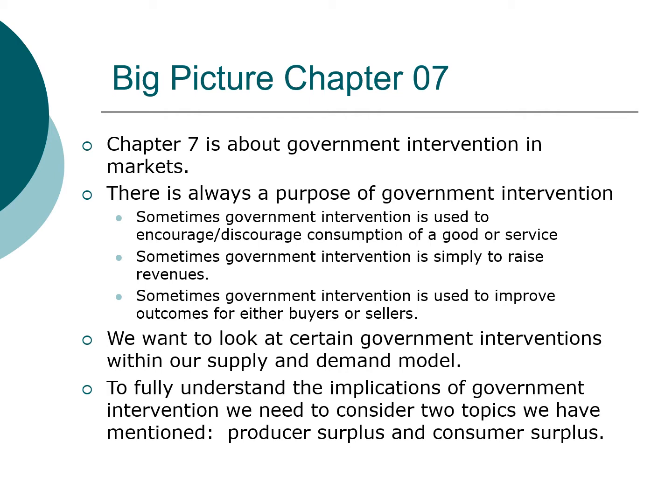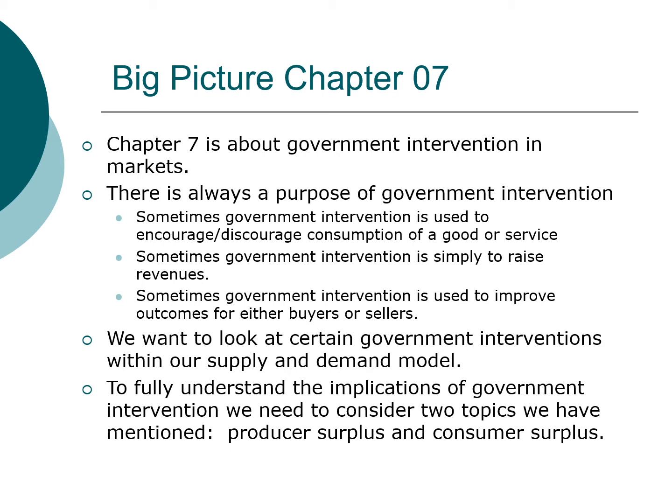We want to look at all government interventions, but time limits us, and we can really only look at a few of them. We have to keep in mind that government intervention is done, of course, by the government. In the United States, that's the group that has the power, really, to intervene in markets, at least legally. And the government acts to promote the well-being of all citizens.